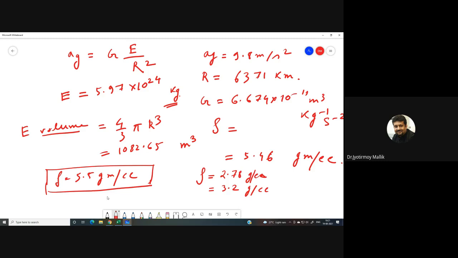Okay. Now you have just calculated it is 5.5 gram per cc, but you can see from the mean density, the oceanic crust density and the continental crust density is way lower. Now, why is that? Can you guess?